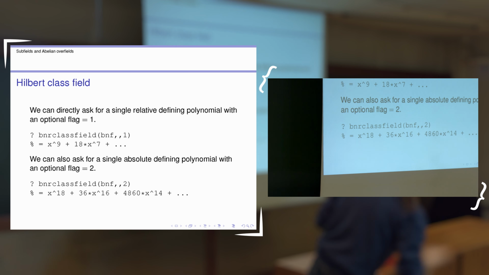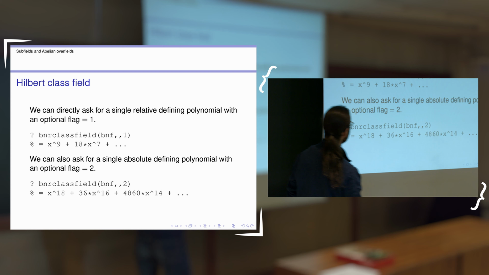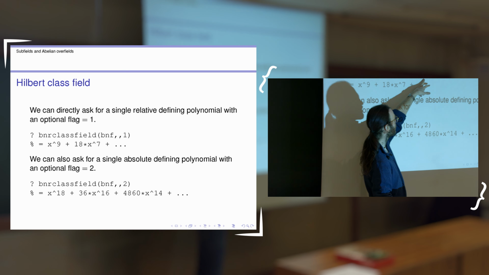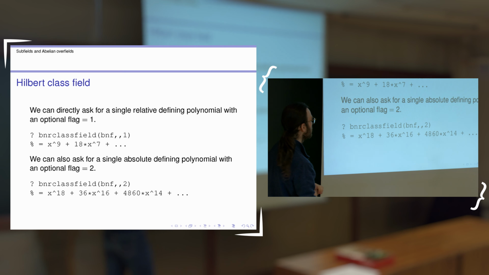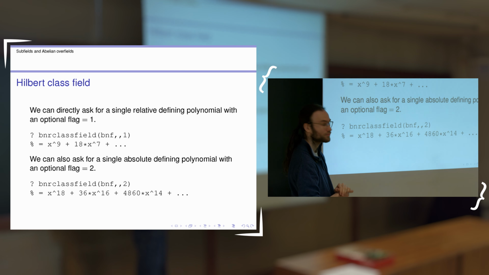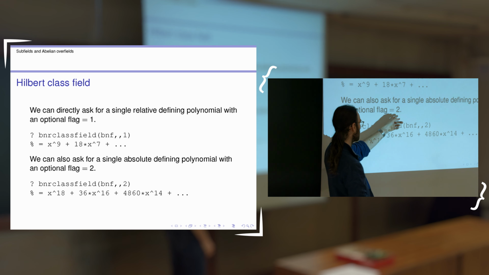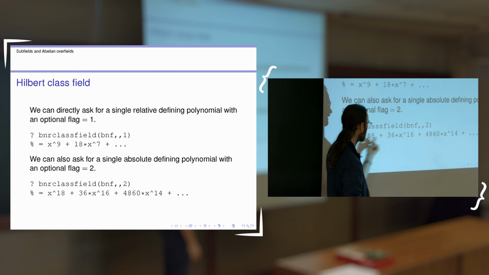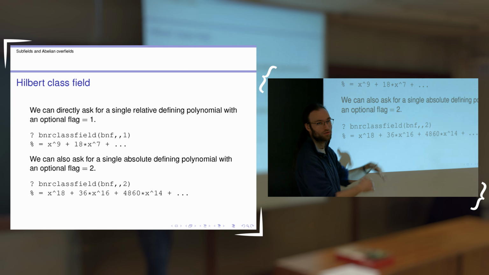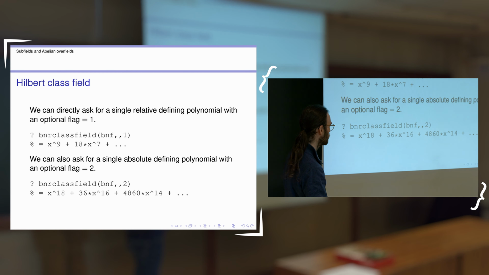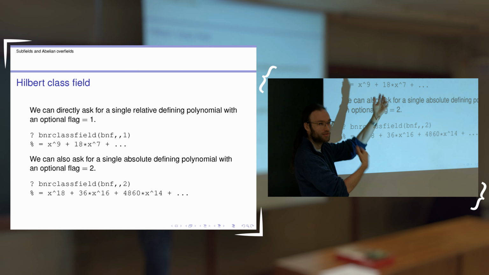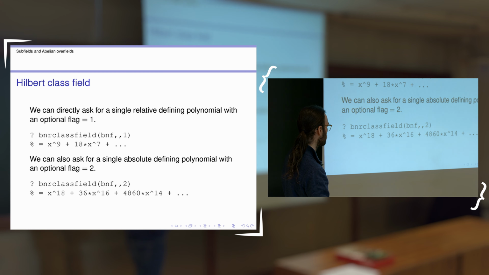Instead of doing the compositum yourself, there's a flag, comma 1, that says I really want a single defining polynomial. Be aware that, of course, this can be very large. And if you use flag equals 2, you'll even get an absolute defining polynomial over Q. This one loses the structure of the extension: you don't know where your initial field sits in there, but for some reason you might want that.